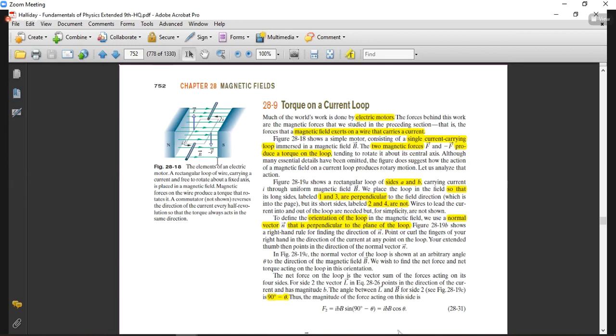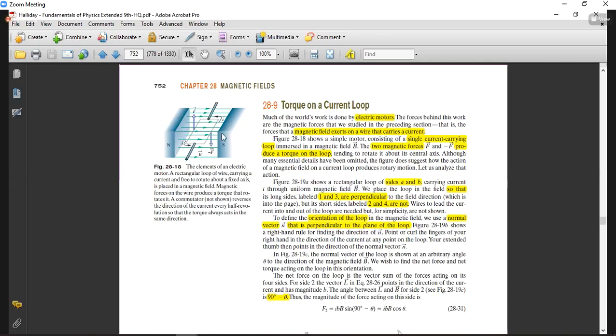So this is the coil. This is a simple example. We have a simple loop of a wire here. This loop of a wire is suspended within the magnetic field, perpendicular to it. When we suspend it within the magnetic field, it will rotate.